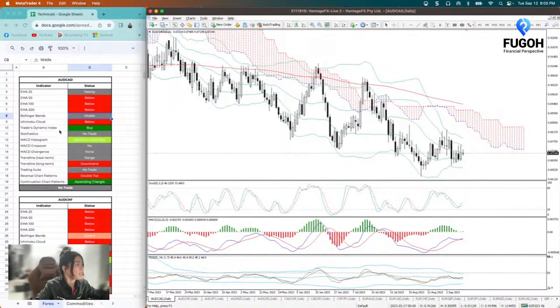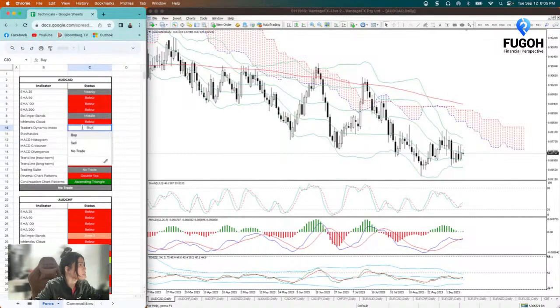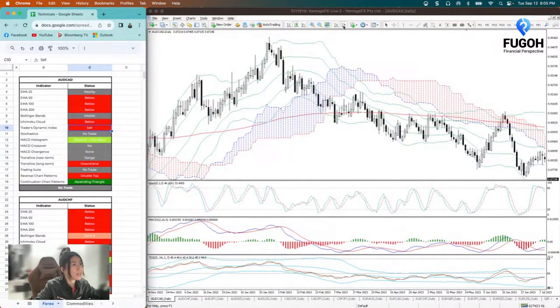For the Trader Dynamic Index or TDI, let's look at the TDI. The TDI is below 50, but it's here. So this is a sell, it's below 50. Let's go for stochastics. Stochastics is on the correction area.